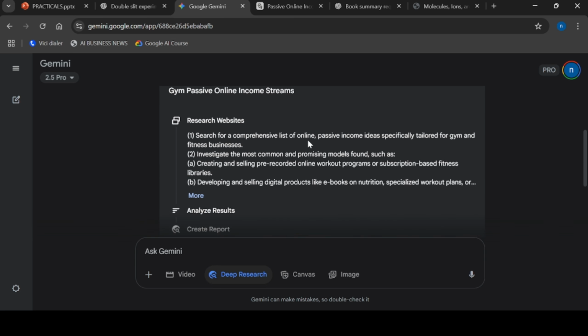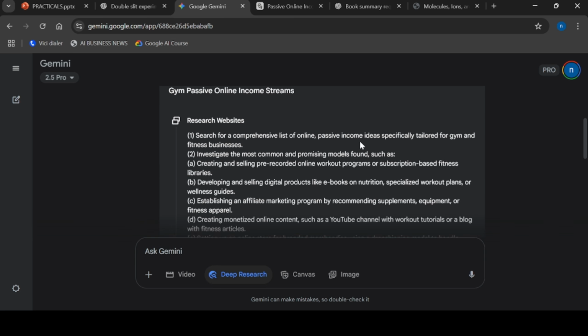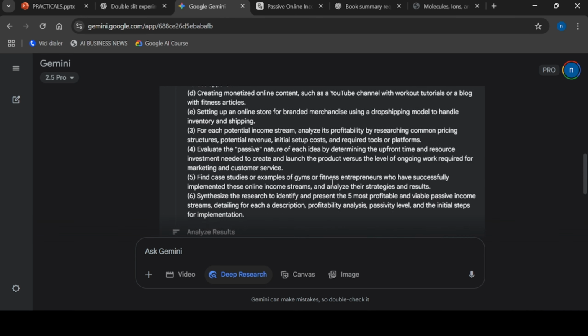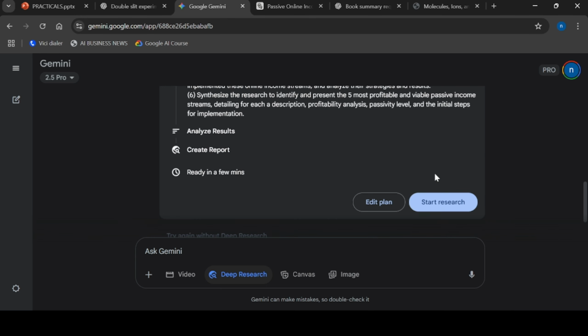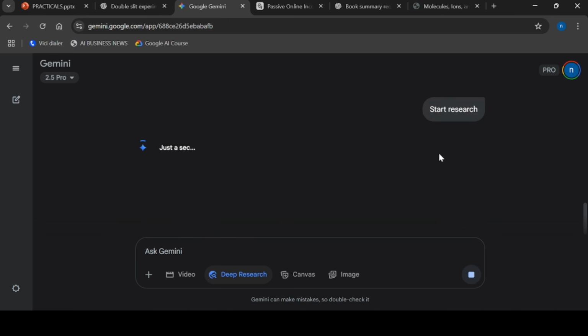Okay, now these are the things that it's going to do. Search for a comprehensive list of online passive income ideas specifically tailored for your gym business. Secondly, investigate the most common and promising models found, such as creating and selling pre-recorded online workout programs or subscription lists. You have to read that when you're doing your research. But what I'll just do is tell it to start the research.